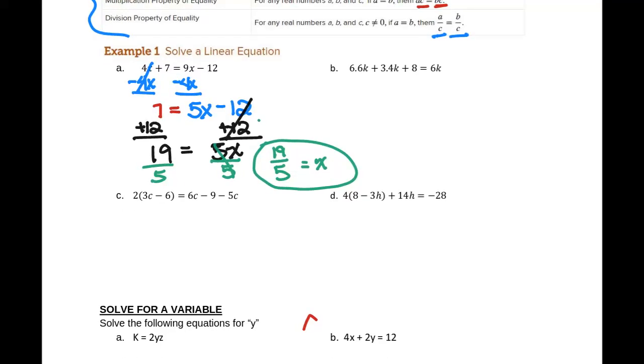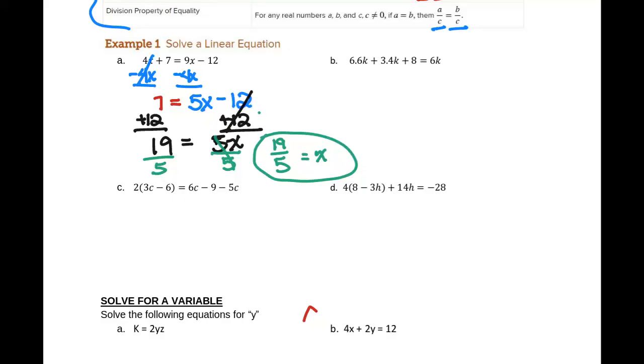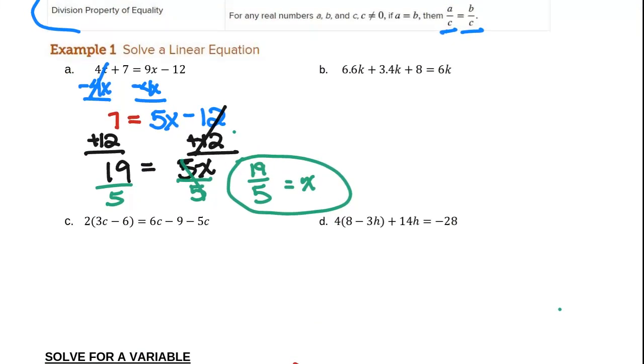All right, let's take a look at letter B. Oh my, we have decimals. You can handle it. It's the same type of thing. Do you have any like terms on the left-hand side of the problem? Yeah, we've got some K's, right? So 6.6K and 3.4K.